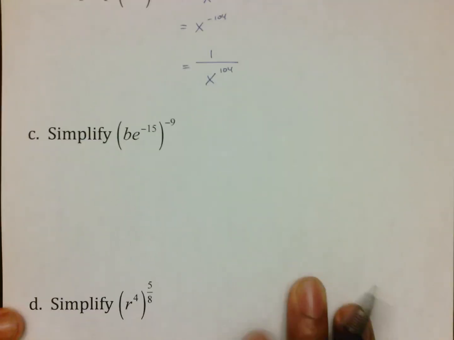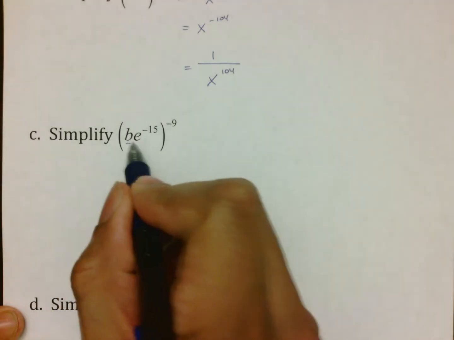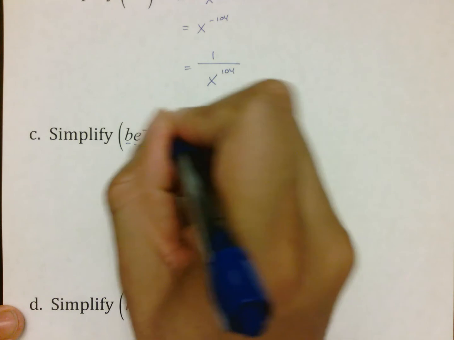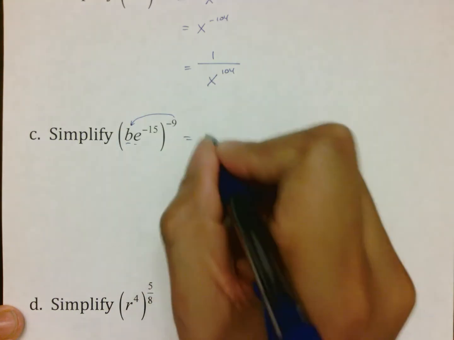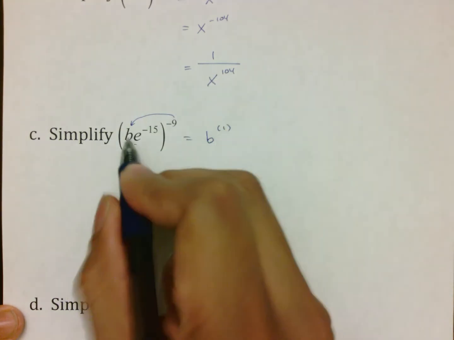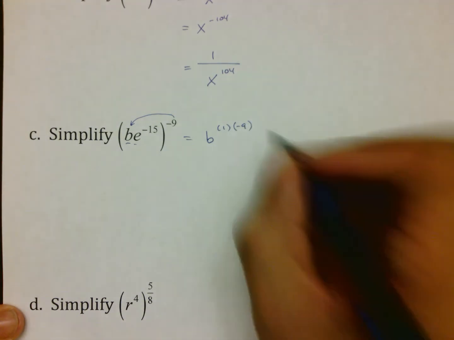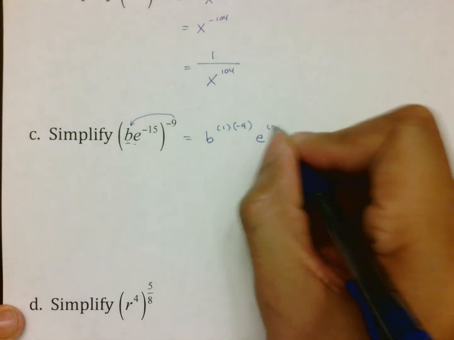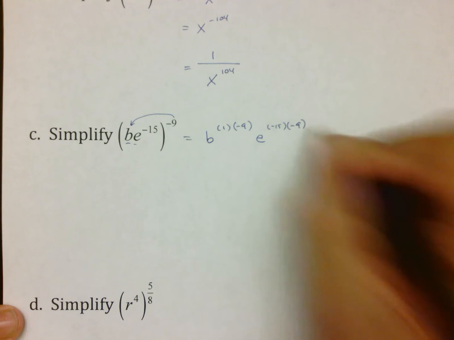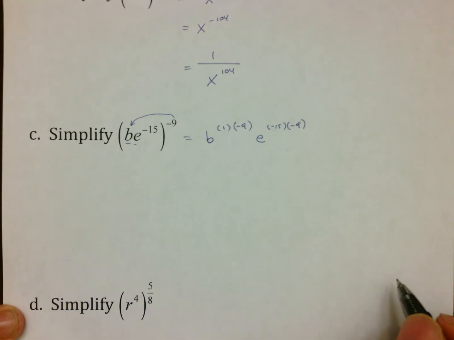When you look at C, same thing. The only difference is I've got 2 parts here. The negative 9 is going to drop down to here, which makes b to the 1, because remember there's an invisible 1 there, times negative 9. And then e to the negative 15 times negative 9.